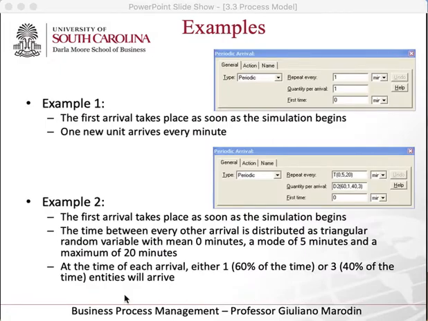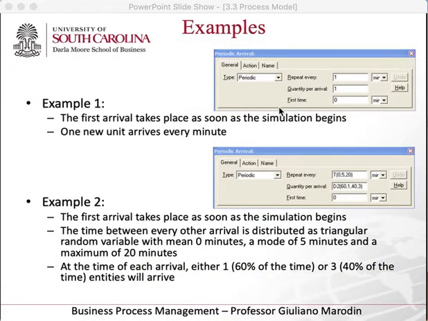Here we have some examples. So we have example 1 and 2. Here I have a periodic. To do this, just double click on the first arrow from the entity going out, and have 2 arrows.